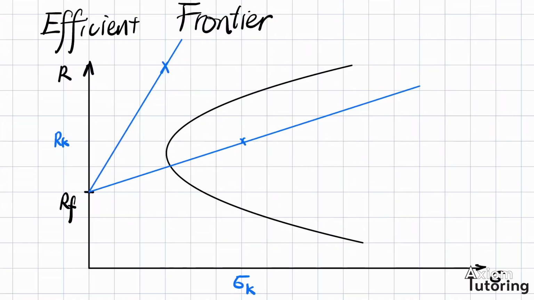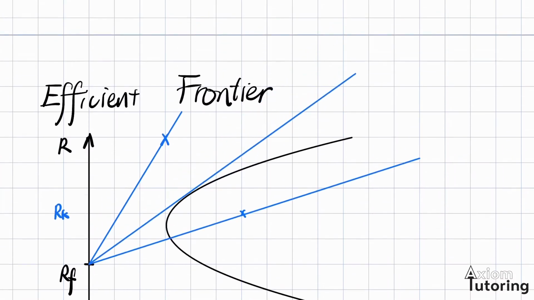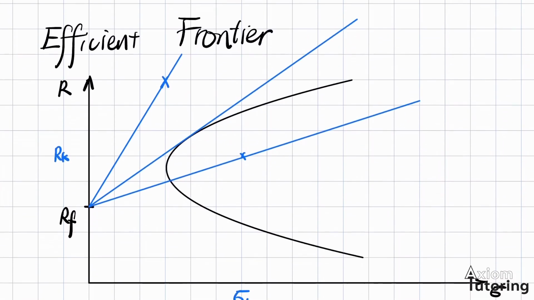So the natural conclusion would be a straight line that is just tangent to the risky assets here. Okay, that is just tangent, which means that's the highest gradient, or the highest slope, or the highest Sharpe ratio ever available given the set of the risky assets and given the risk-free rate.